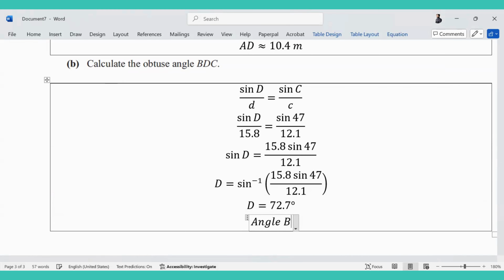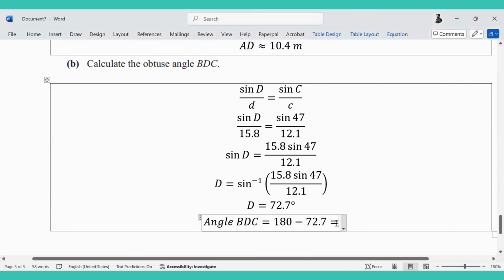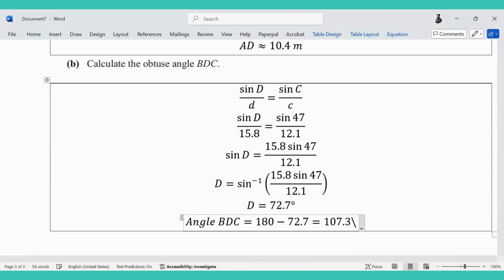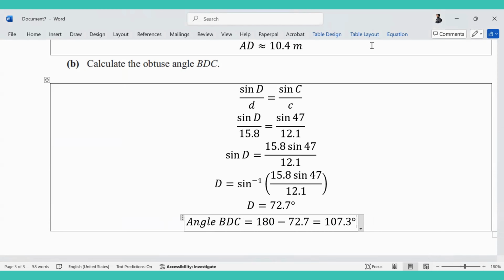Angle BDC will basically be equal to 180 minus 72.7, which will be equal to the supplementary angle of 72.7 and 107.3 degrees. Those who are unclear about it, kindly visit my other video and understand the sine and cosine of obtuse angles.